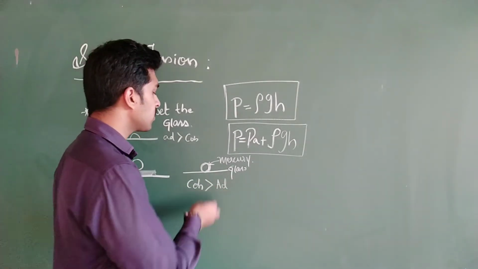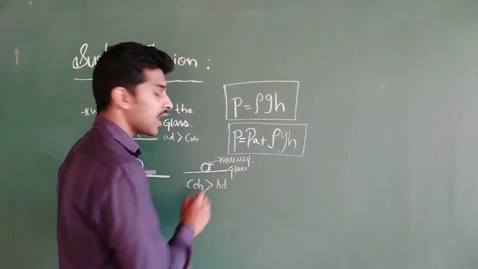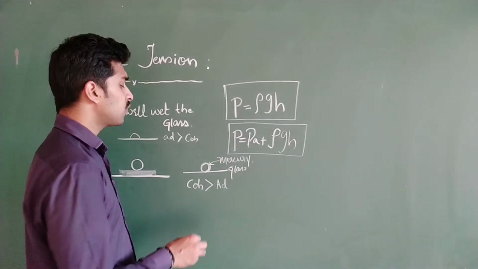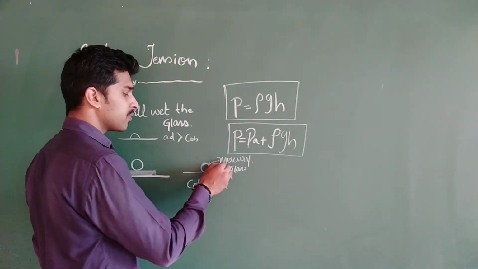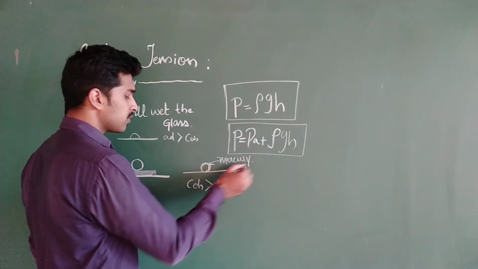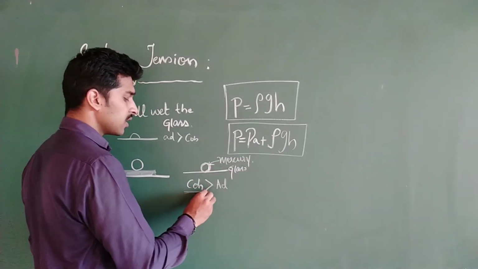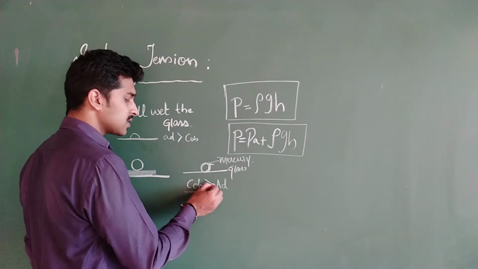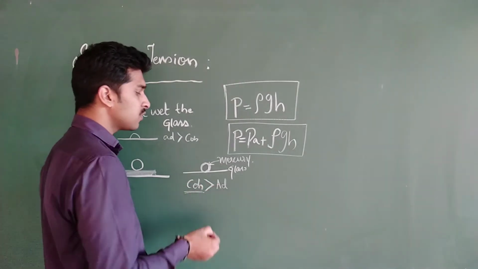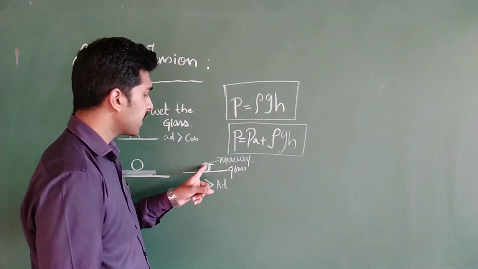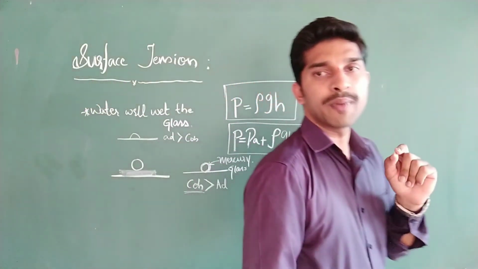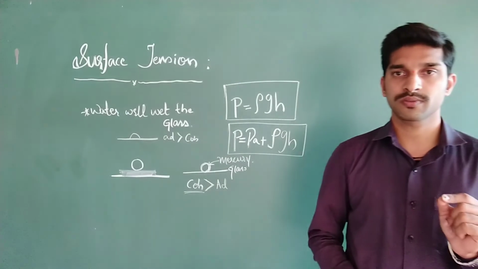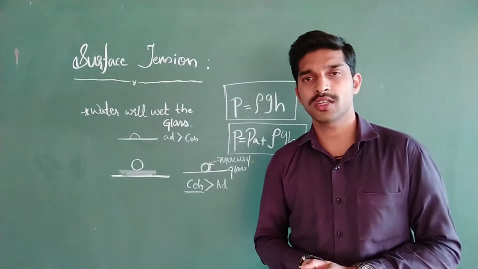Here one molecule is mercury, the other is glass. The force of attraction present between mercury molecules is the cohesive force. This is greater than the adhesion force between mercury and glass. This is the reason mercury doesn't wet the glass. Are you all understanding?